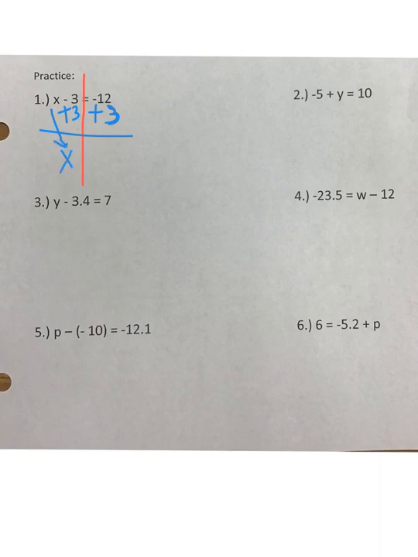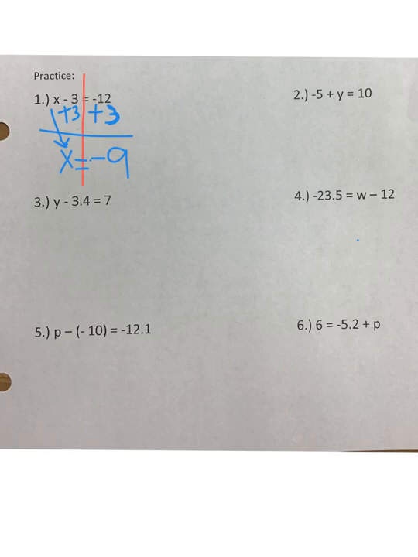Those 3's go away because a negative 3 and a positive 3 would make 0. But like I said, what we do to one side, we have to do to the other side. So we've got a negative 12, and we're adding 3 to that. A negative 12 and a positive 3 would give us a negative 9, and we're done.